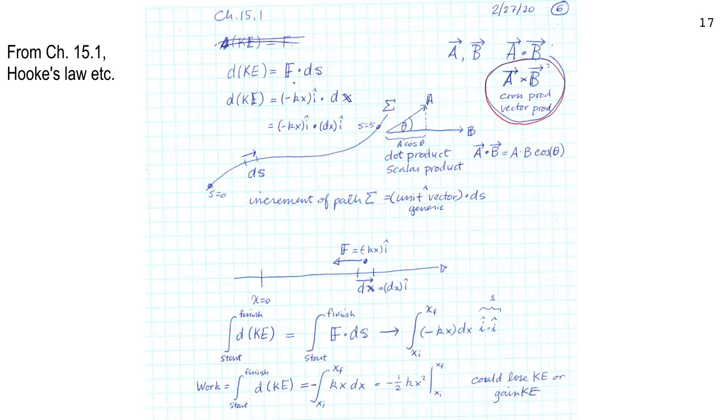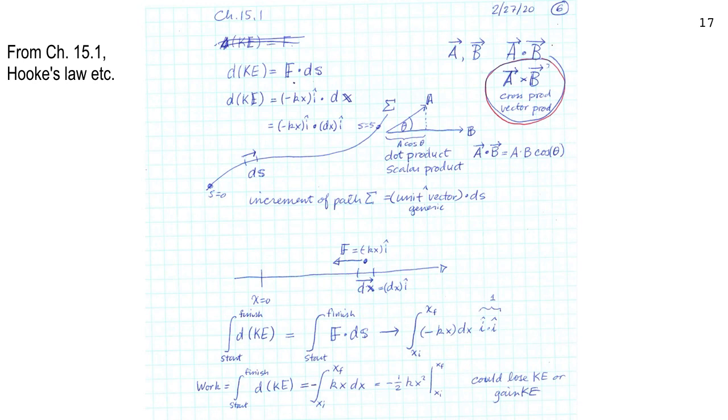And so that is, let me draw that down here. So here's your x-axis again, and here's a dx. There's your dx vector, and that's equal to just a little bit of dx times i hat. I haven't put the equilibrium point on here, but wherever the equilibrium point is, let's put x equals 0 here.